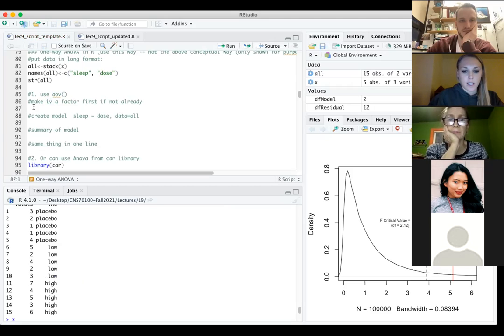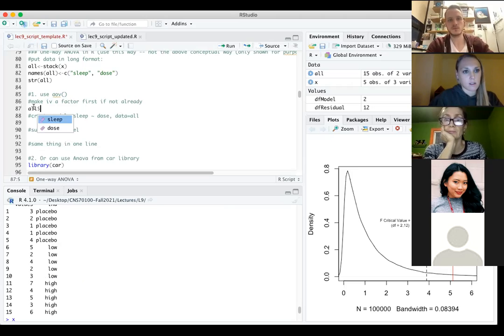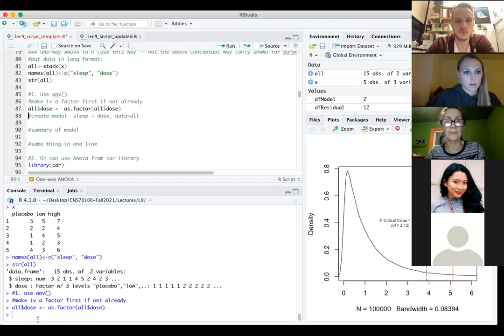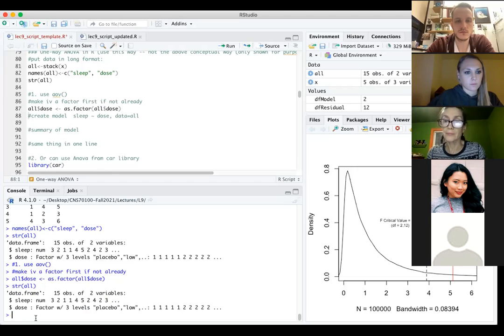So dose is our independent variable with 3 levels here. And then we're going to say as factor all dose. Yeah, so now you can see we have a factor here: placebo, low, high.